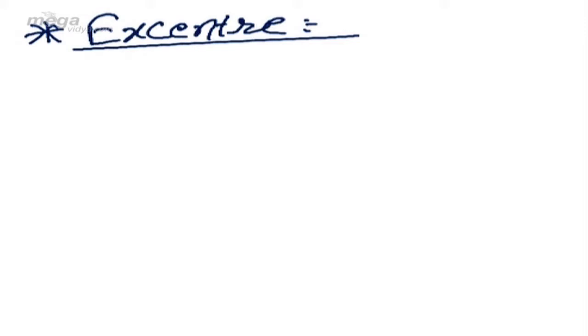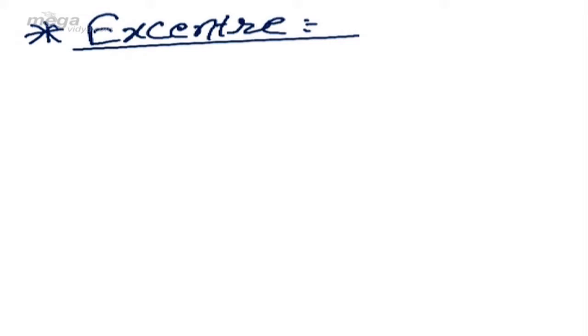In the case of the incenter, what we did last time, if the bisectors of the internal angles intersect each other, then that point of intersection is the incenter.